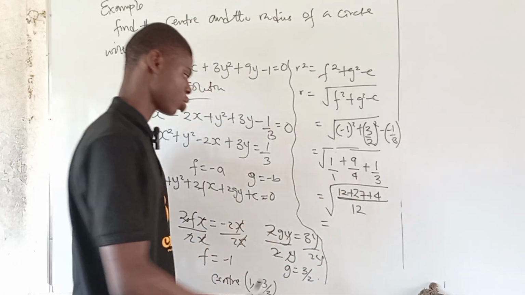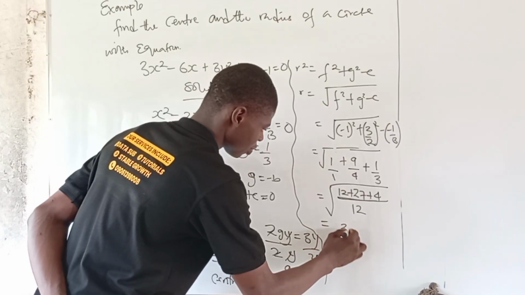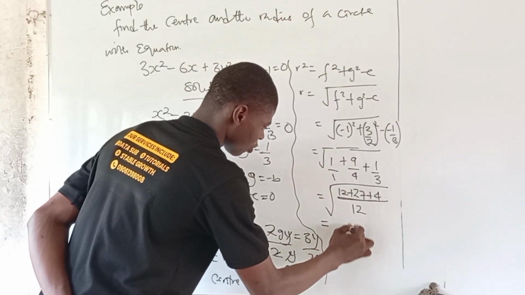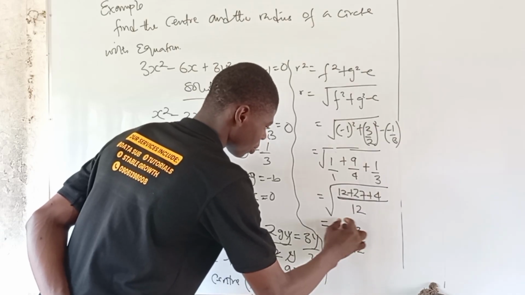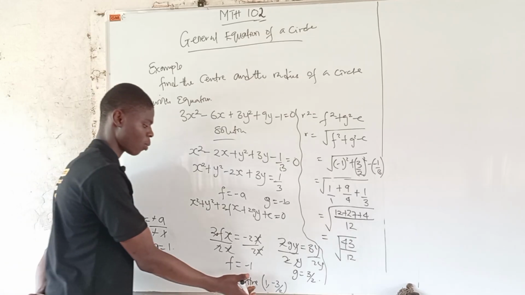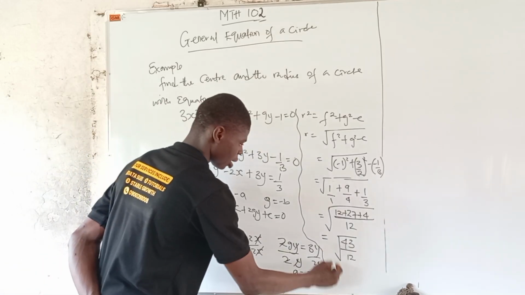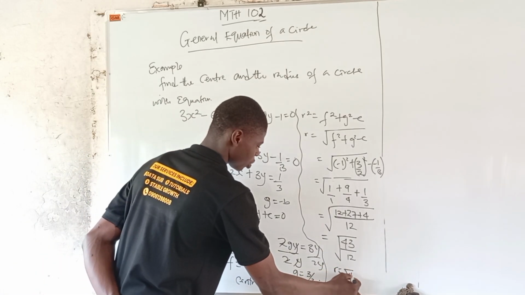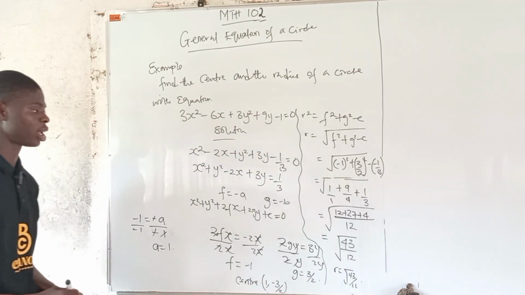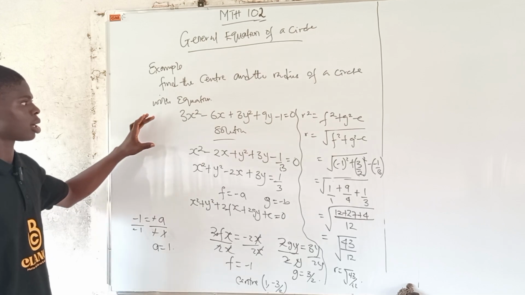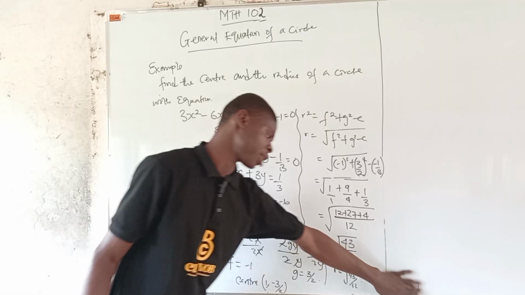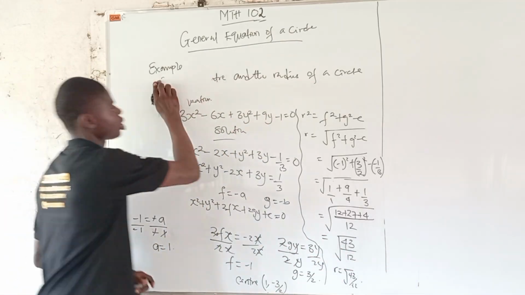So 12 plus 27 gives us 39, and 39 plus 4 gives us 43 over 12. So we've gotten our center to be 1, negative 3 over 2, and our radius to be the square root of 43 over 12. Now we're going to solve another question with a different method to find the center and also the radius. So stick close.